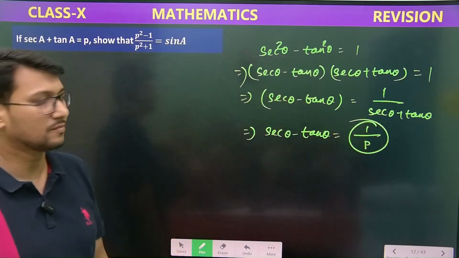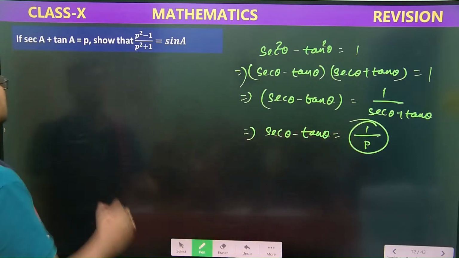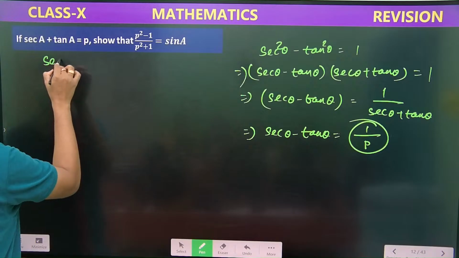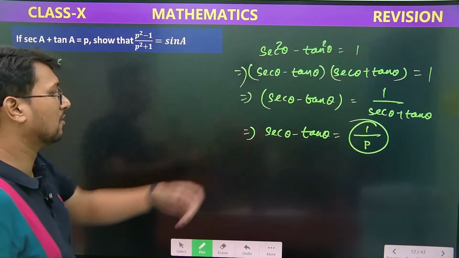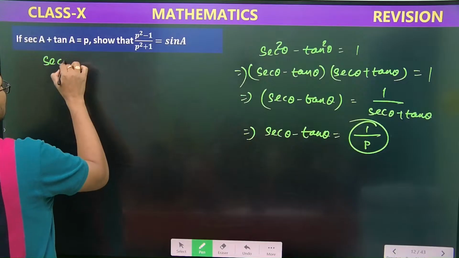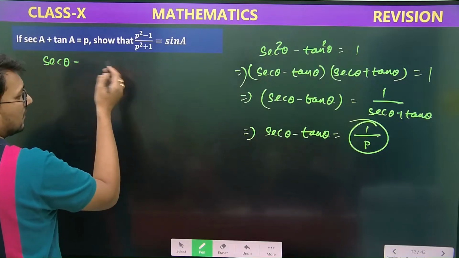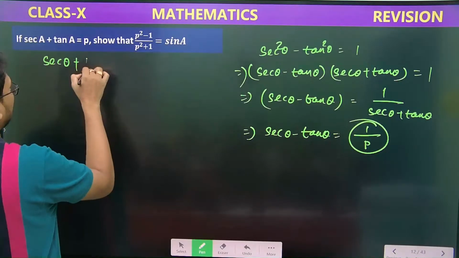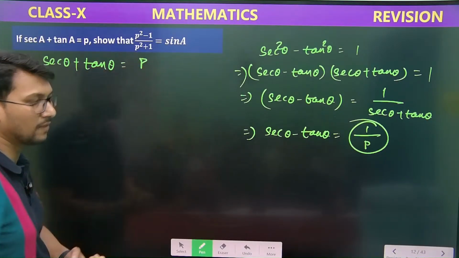Yes, bacho. So this is what sec theta minus tan theta value, and sec theta plus tan theta is given. Instead of A, I am choosing bacho theta. I have written already, so don't think I have written by mistake. Sec theta plus tan theta equals to how much? P given.